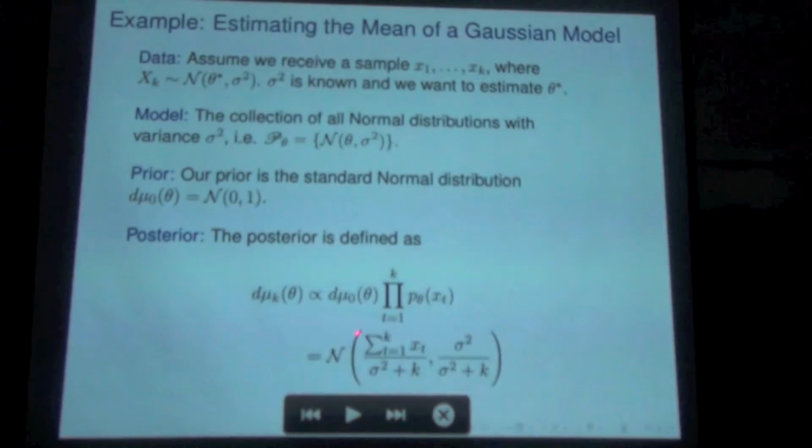So the limit as k goes to infinity of this part here is precisely theta star. So what this is showing is the beliefs, mu, which is a distribution over the parameter space, at time 0 is this distribution here. And as k goes to infinity, it is going to become a delta distribution on theta star. So at that point, we say we learned the parameter that we want to estimate.